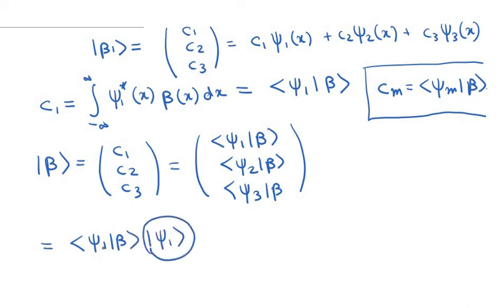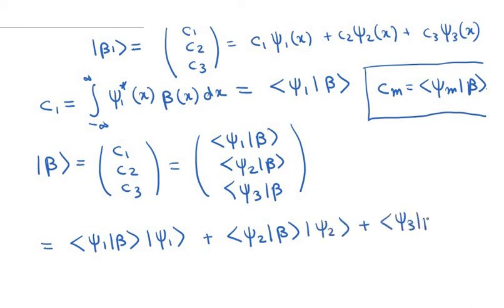Note that the bracket is the inner product, so it is a number, but the ket represents the wave function itself. Here psi 1 is a component of the basis, so it is a function, but the bracket is really a number. Plus psi 2 beta times the ket of psi 2, plus psi 3 beta times the ket of psi 3.